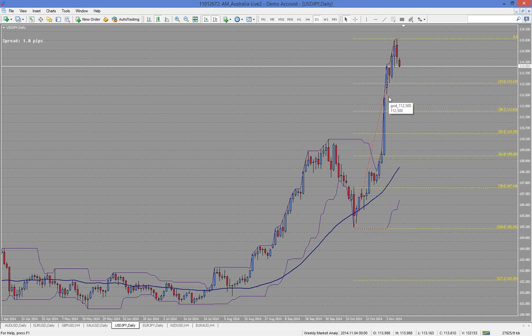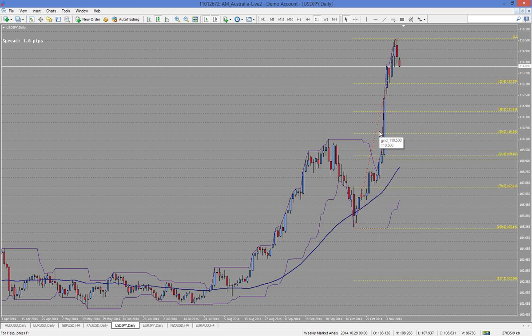The way that I see this one, I don't want to get in the way of the Japanese government, and I don't want to get in the way of the US government. This simply says this market is attempting to break the 115 and it's trying to go to 120.